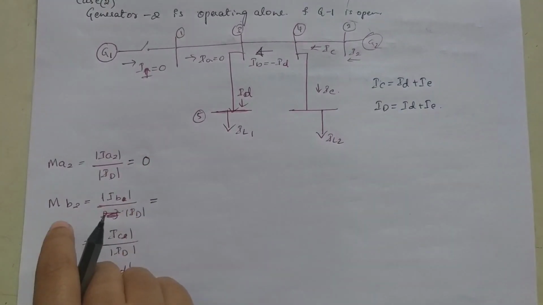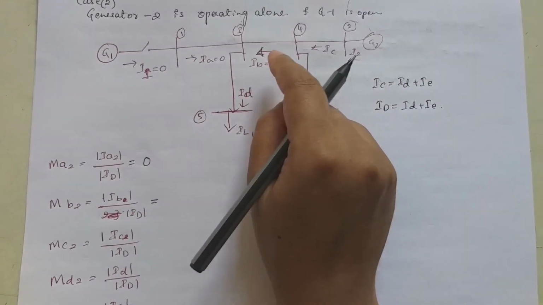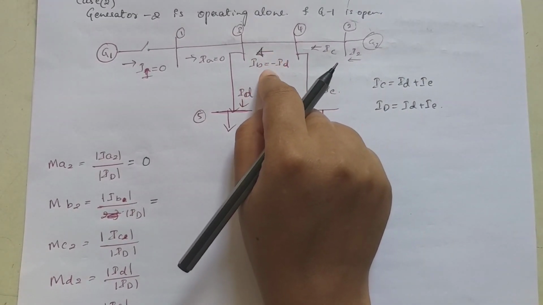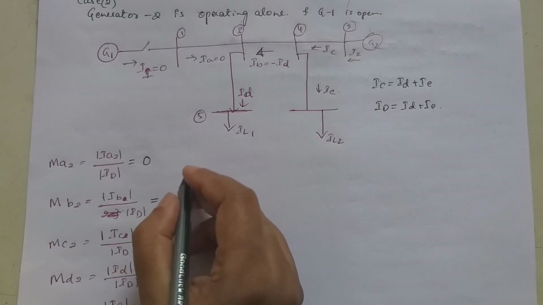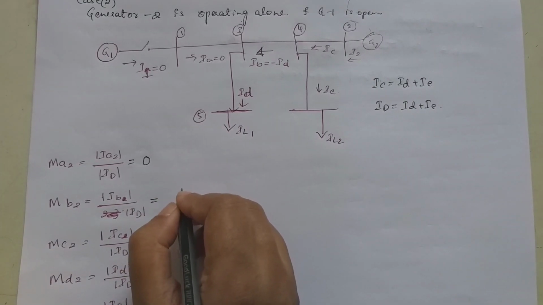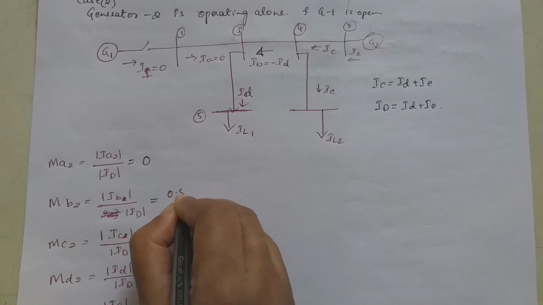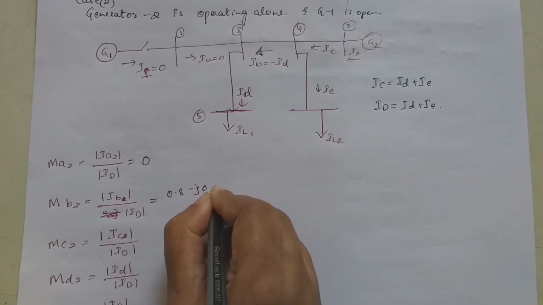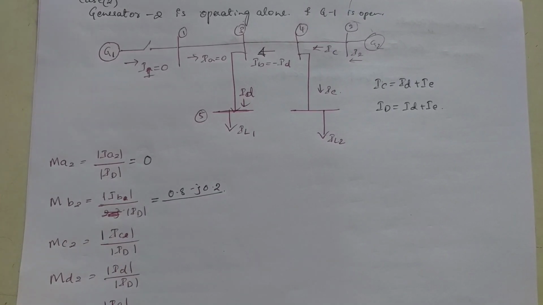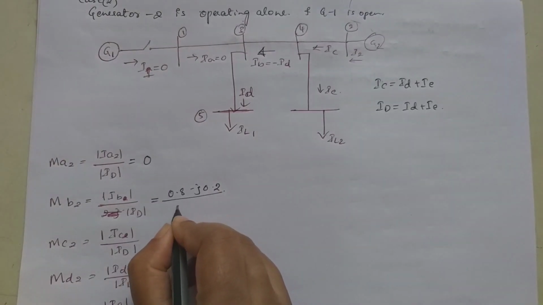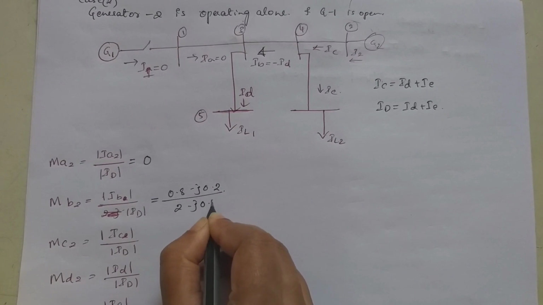Next, MB2, which is the current in branch B, IB, divided by ID, is 0.8 minus j0.2 divided by 2 minus j0.5.